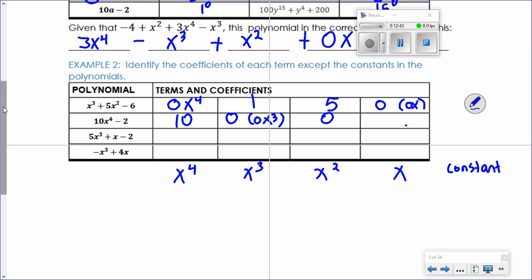What about the x term? 0. My constant? Oh, there's no constant. Yeah, there it is. It's right here. -6. Try the last two. Take about a minute. Good job, guys. We're almost there for the lesson.